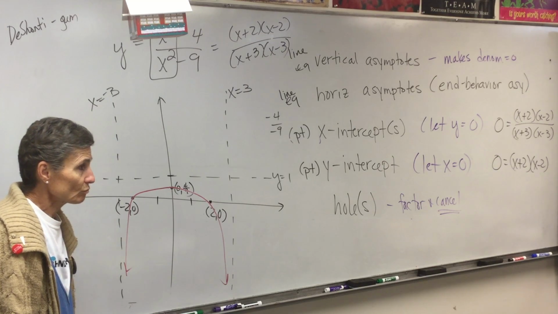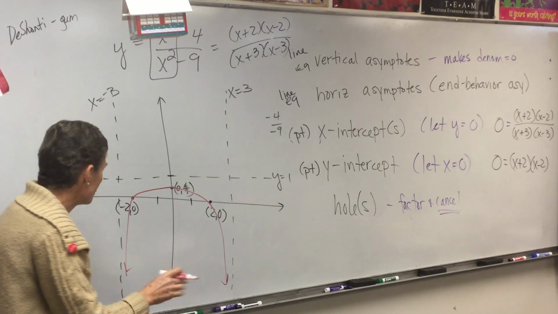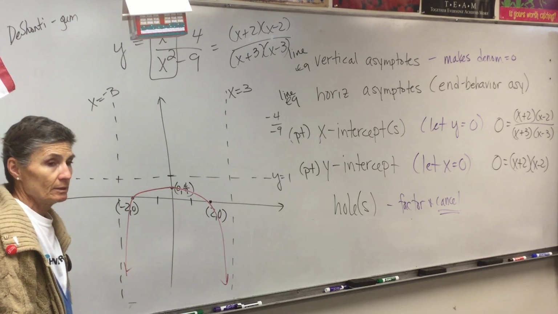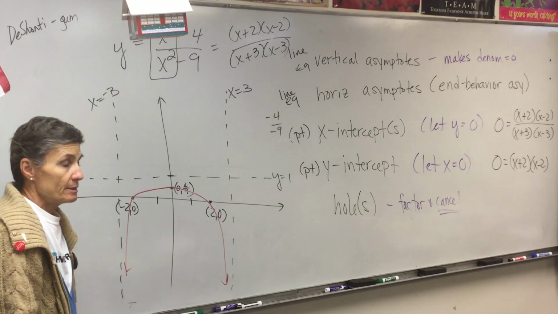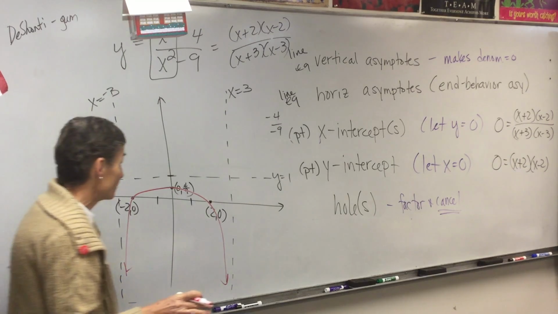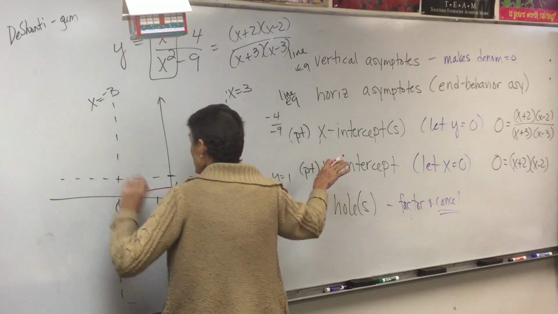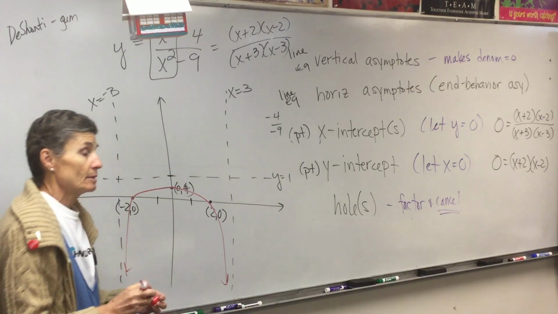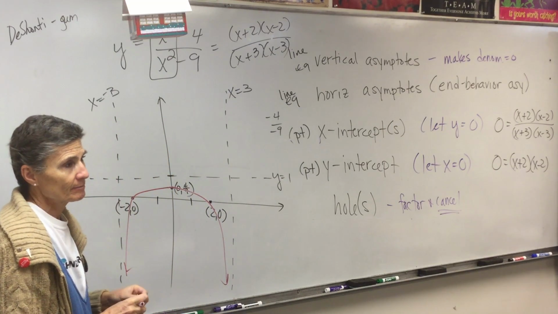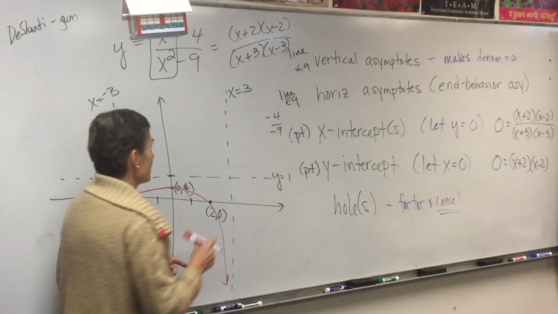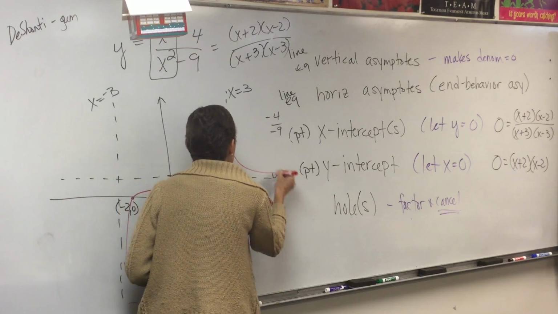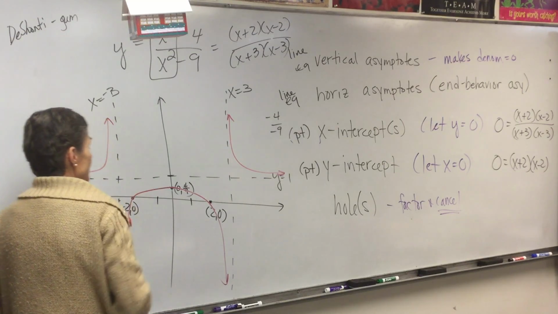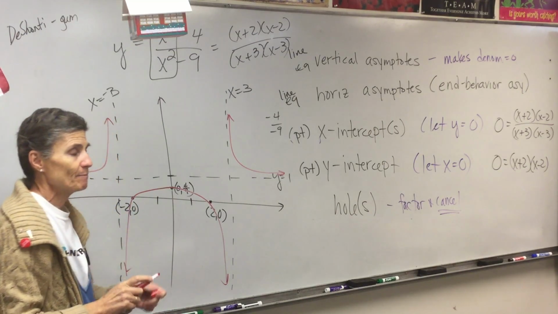Does that make sense to you, given the points that we have plotted already? Now we have to figure out what's going on out here to the sides. Anybody have a gut feeling? It's this. If that's what you're thinking, you're exactly right.